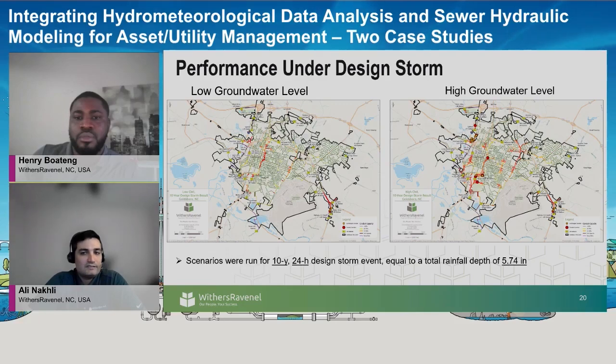For the high groundwater case, we already know what rehabilitation and improvement has been done during the last 6 years, and we took that information into consideration for estimating the dry weather flow and RTK parameters. So knowing all of these, next slide, Henry, please.